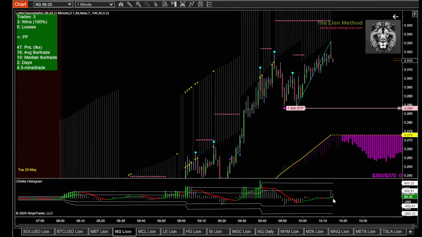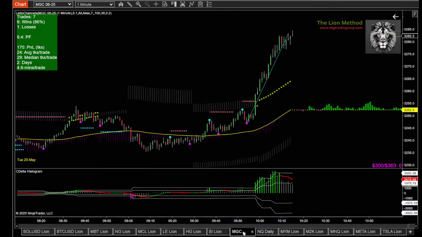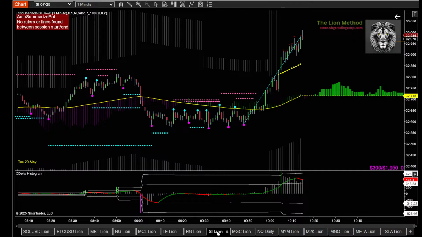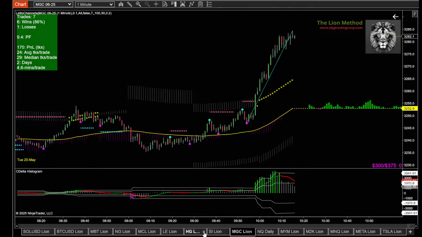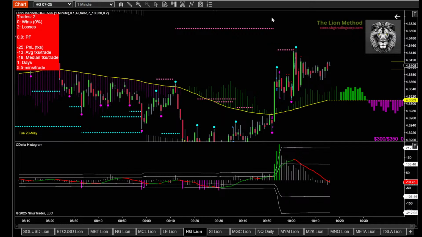Buying pressure in natural gas. Well, the trend line, the average, the signal line here on our histo is down. Silver is climbing to new highs on a falling volume. Same thing with gold, moving up while volume is dropping. Copper is sort of moving up, yeah.